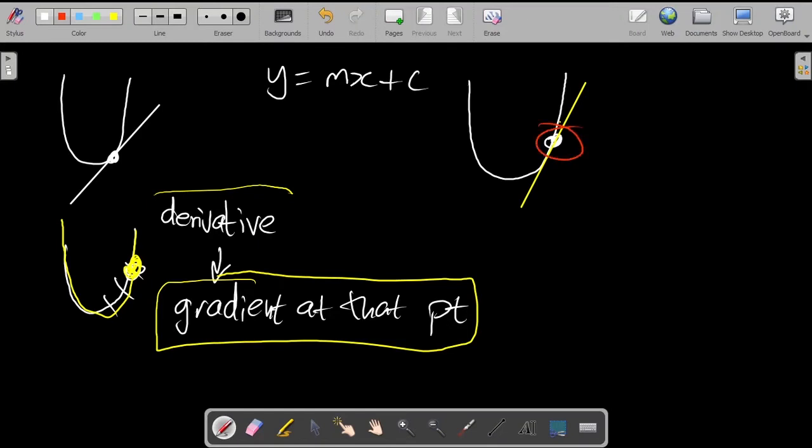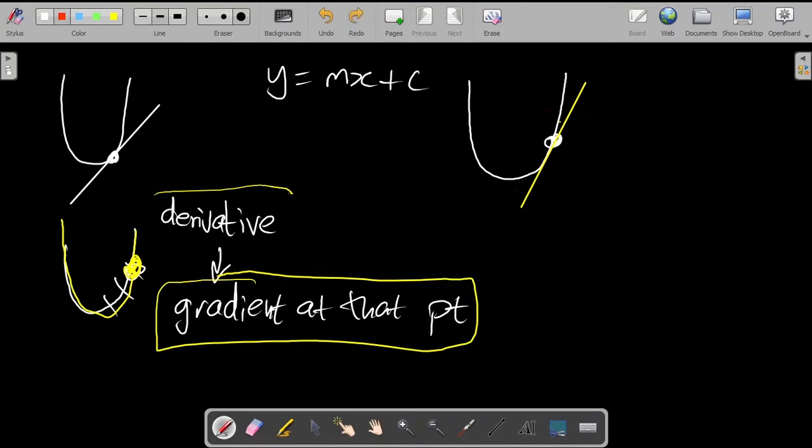So once we know the gradient there, then that means that we know the gradient of the whole line, because we know that the gradient throughout the line is the same. Now, if you can use this graph to find the gradient at a specific point, then that point has the same gradient as a tangent which passes through the point.